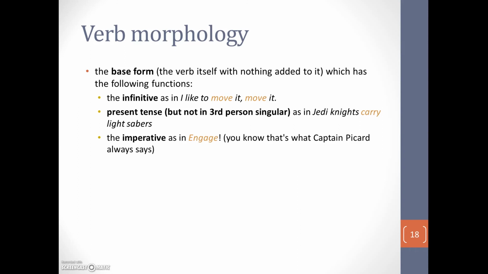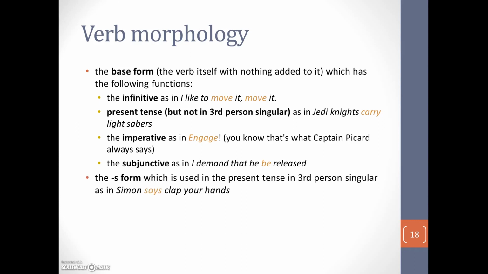Like engage, for instance. And finally, we also use it in the subjunctive mood, okay? We're going to talk about the subjunctive. It's what's in Danish is called conjunctive. Okay, and you might remember this from German and stuff like that as well. But in English, we call it the subjunctive, and we also use the base form. So in the sentence, I demand that he be released.